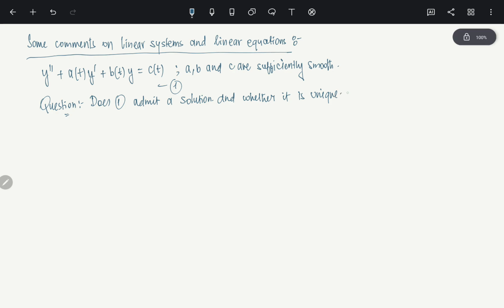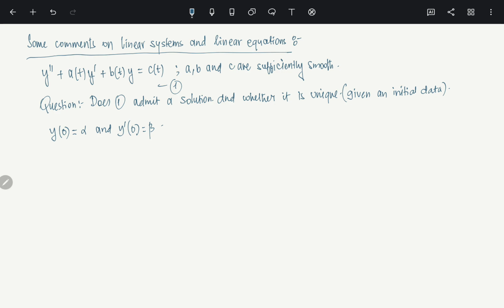But for uniqueness, you need some initial data. Given an initial data, what may that initial data be? Let's just call y at the point 0 is alpha and y prime at the point 0 is beta.